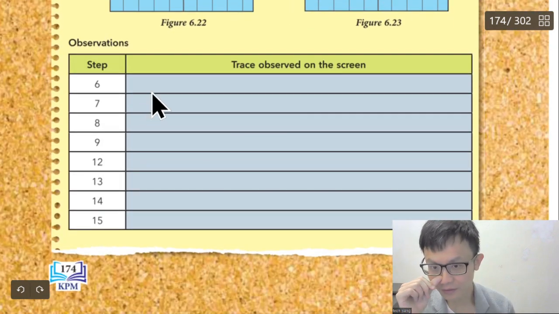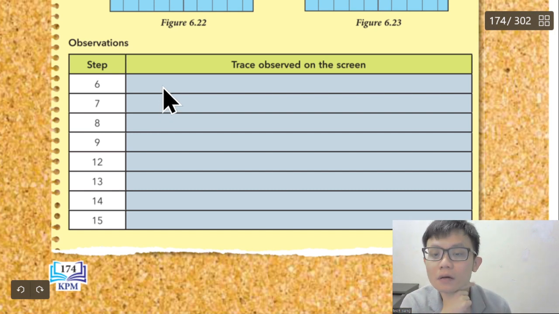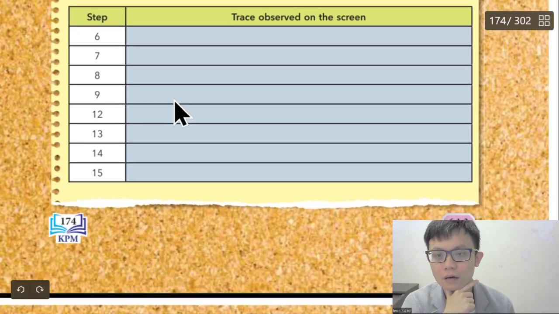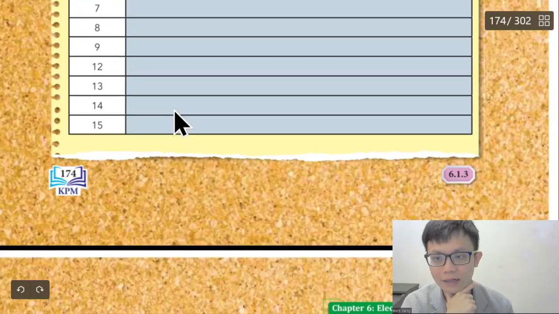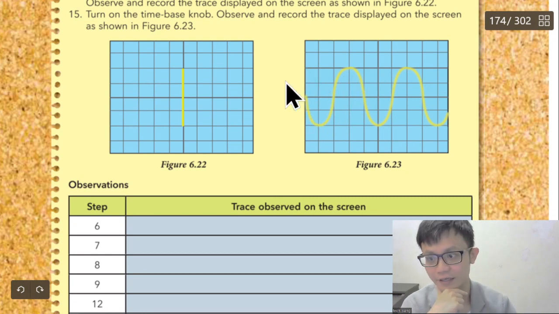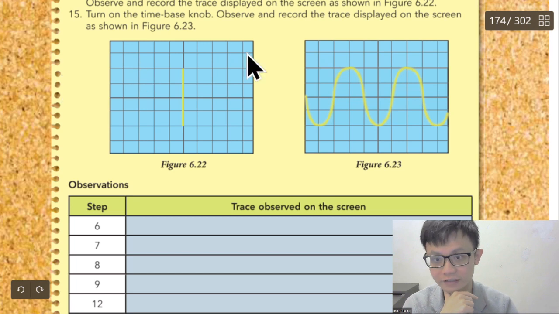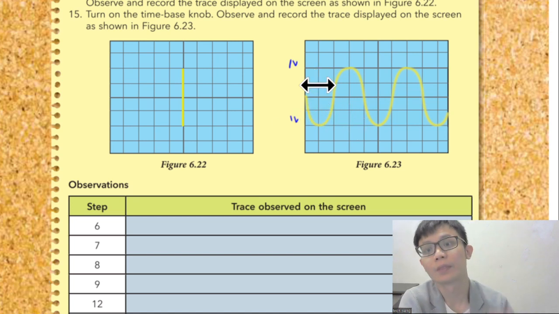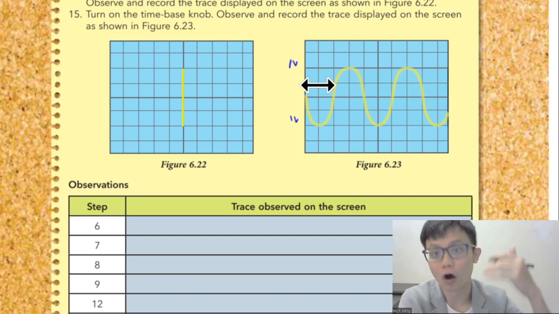Observation: maybe just write that the line goes from the bottom up. Usually there's a numbering system here. For example, here there is 1 watt, here there's 1 watt, something like that. So there's a scale for you to read, and you can see whether the current or the voltage is high or low.